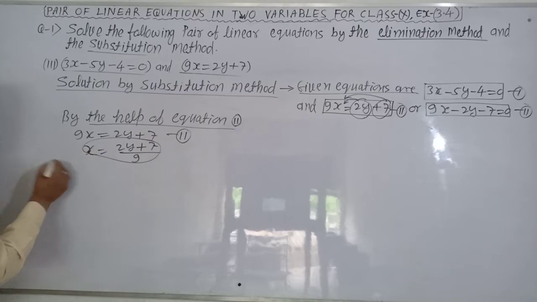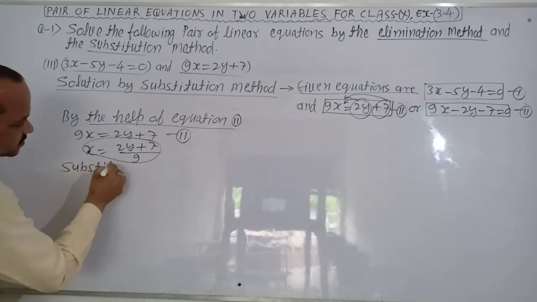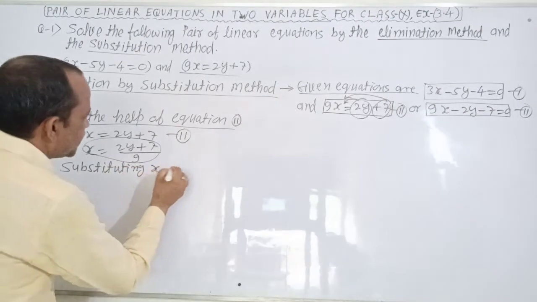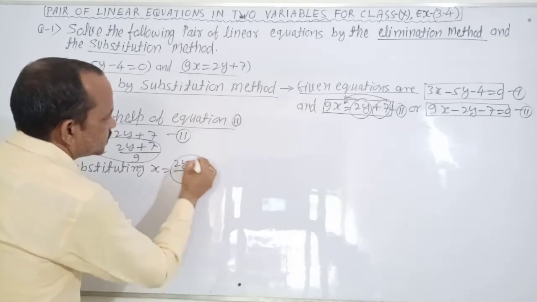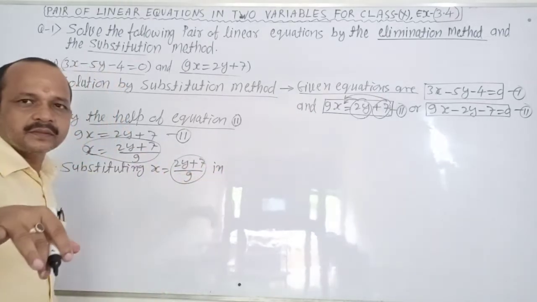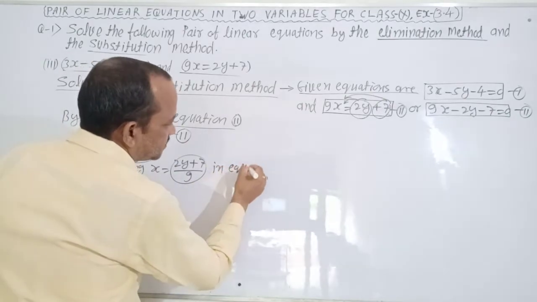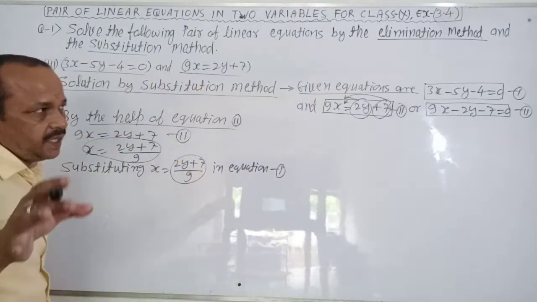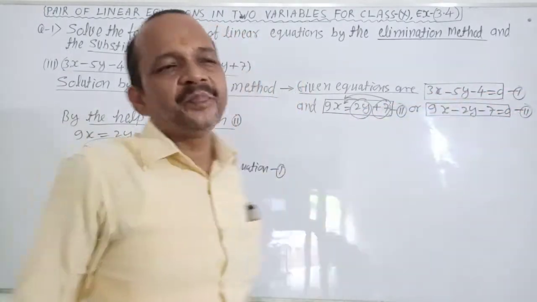Substituting x equal to 2y plus 7 by 9 in equation first. Equation first is 3x minus 5y minus 4 equal to 0.